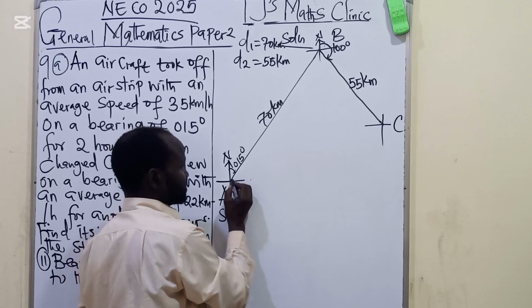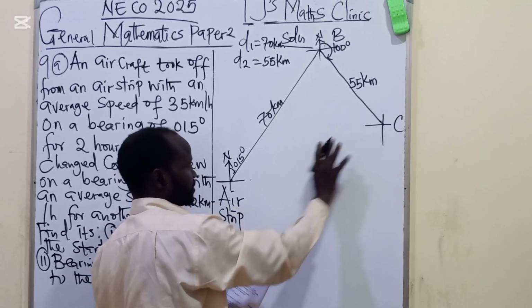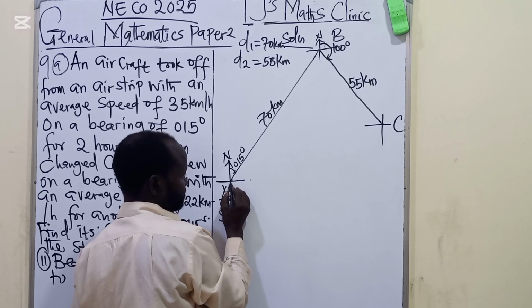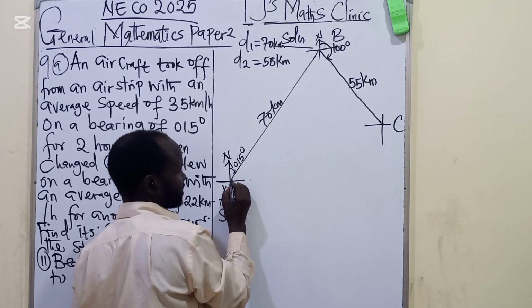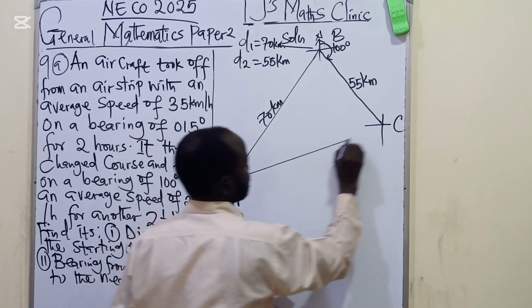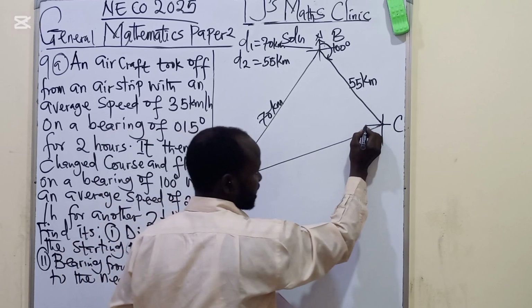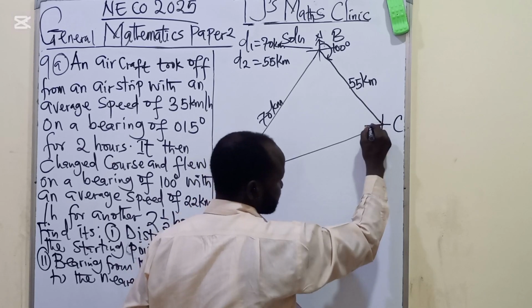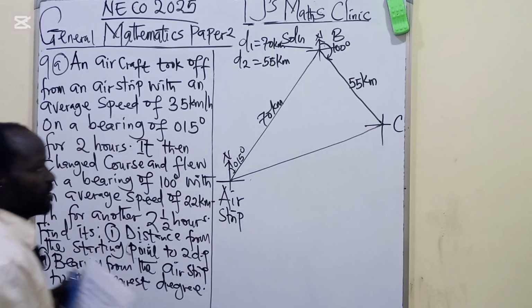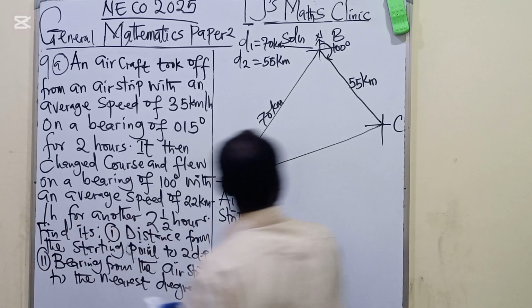If we start above this, we will end up below. So if I start below, I will end up above. Of course, I have to start above this cardinal point, meaning I will connect it like this to this point here. So starting above, I will end it below at the other cardinal point here. So this is how to connect this. So this is the interpretation of this question.